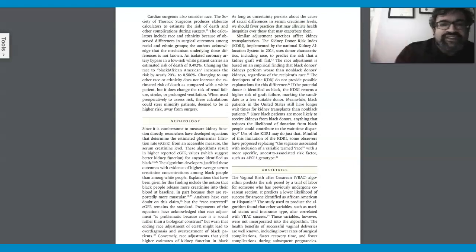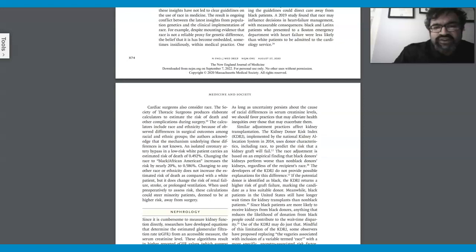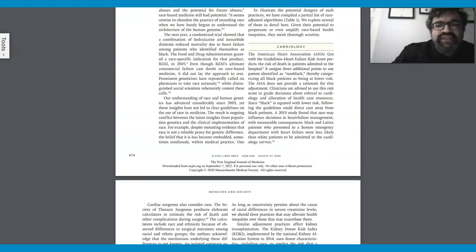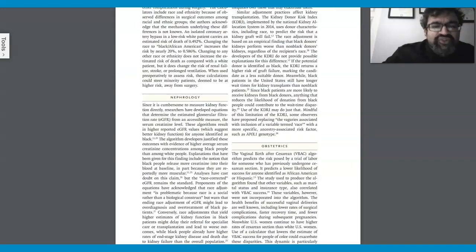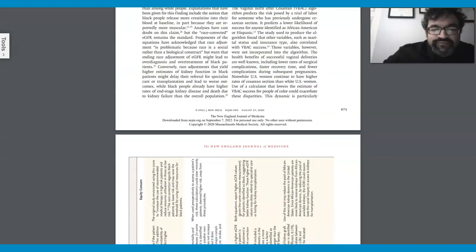What is really interesting about this 9-page article is it goes into nephrology, it goes into obstetrics, it goes into cardiology, it goes into many different fields. So if you're a medical student, if you're a resident, if you are in the field of medicine, this should be a must read for you.